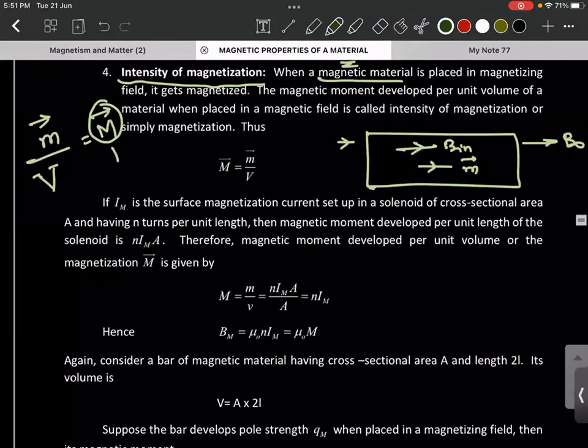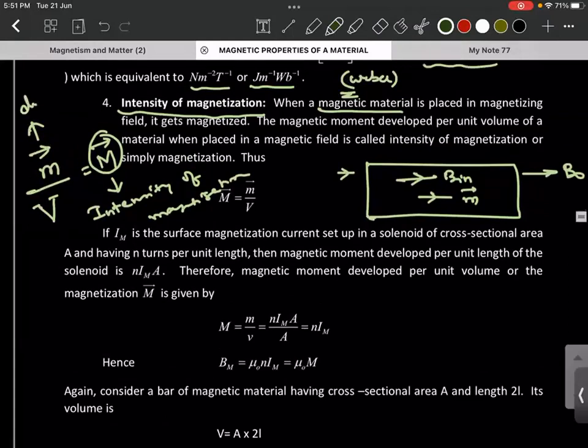This value is intensity of magnetization, and this small m represents dipole moment. So the amount of dipole moment created per unit volume is what is called intensity of magnetization, or in simple terms, simply magnetization.